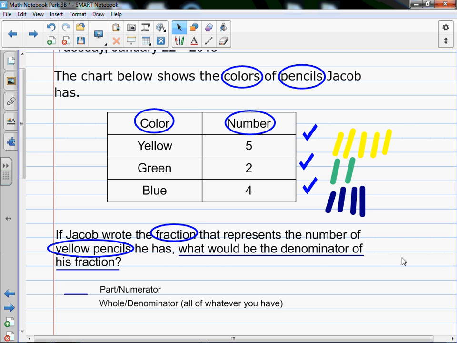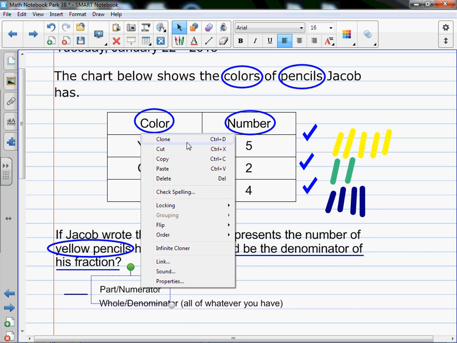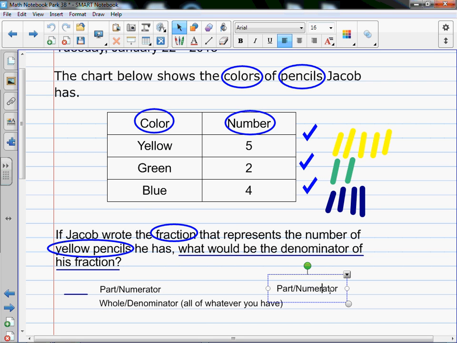So we have colored pencils, and all of them are all of them. 1, 2, 3, 4, 5, 6, 7, 8, 9, 10, 11. Exactly. So we have 11. So let's go ahead and show 11 that we have, which is going to be the denominator.